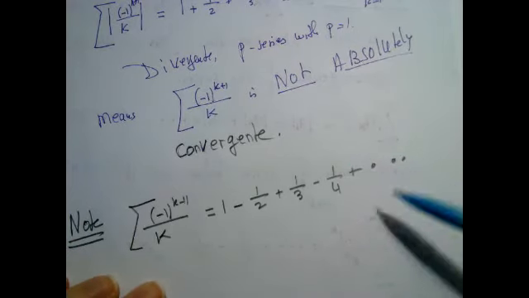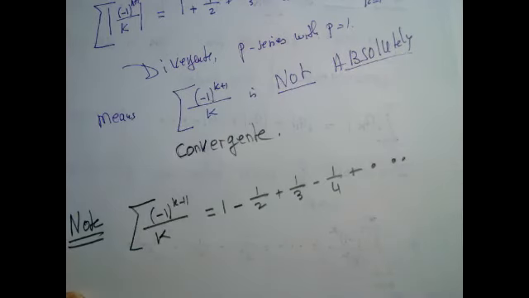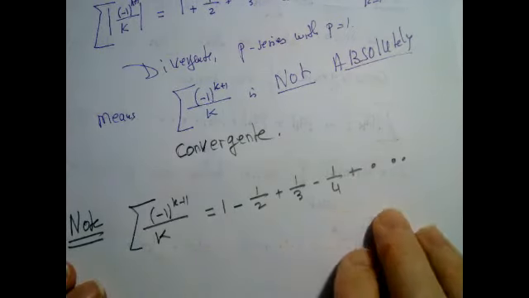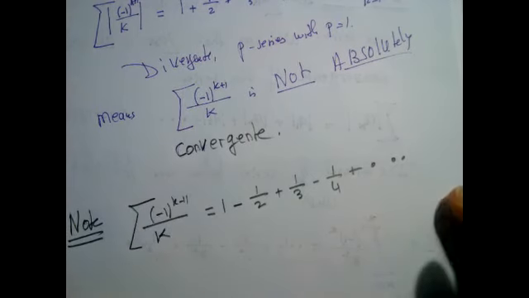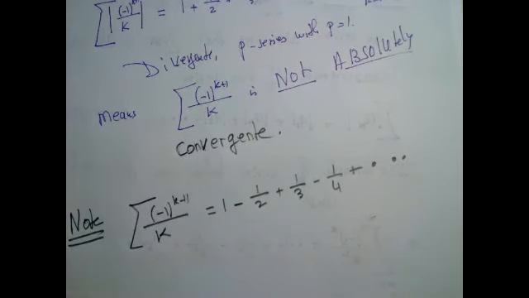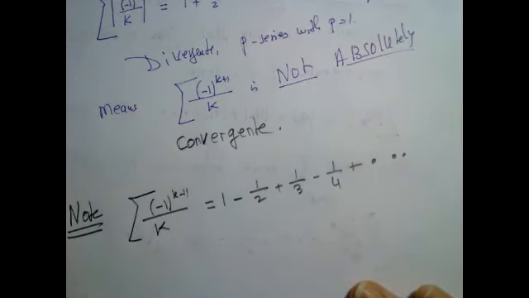Yes or no? As an alternating series. This series without absolute value, this is the way it looks for you. Does this series converge, yes or no? This one. Forget about the first part for a second.